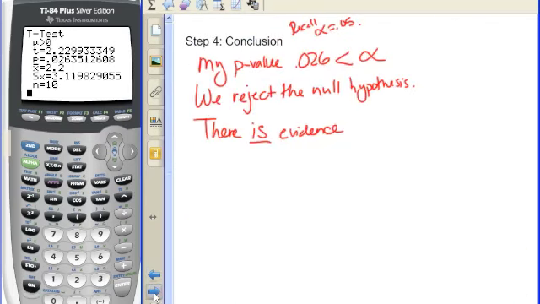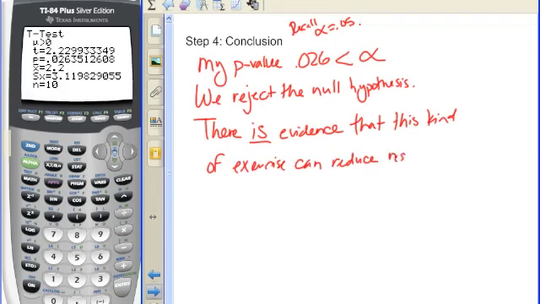So I'm going to say that there is evidence that this kind of exercise can reduce resting pulse rates. All right, I hope you will stop there unless you are still concerned about reduce. I'm going to talk about that one more time, but you can be done if you're done.